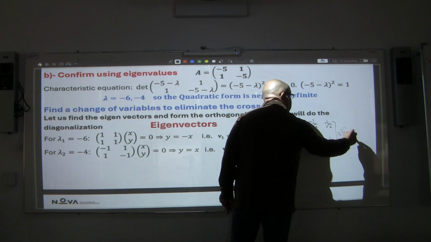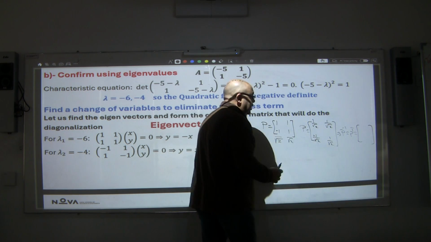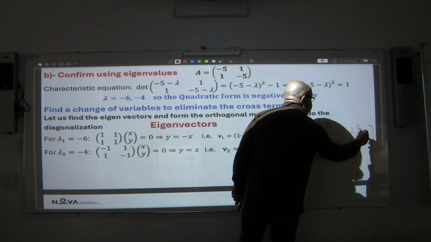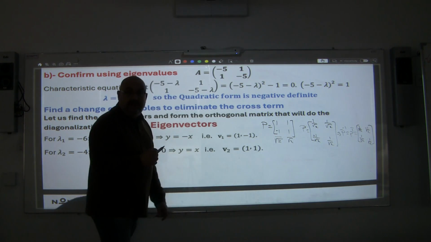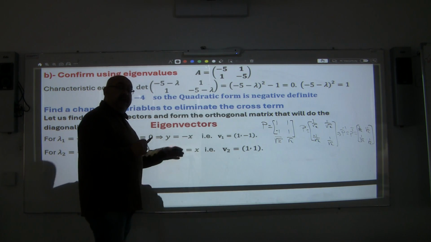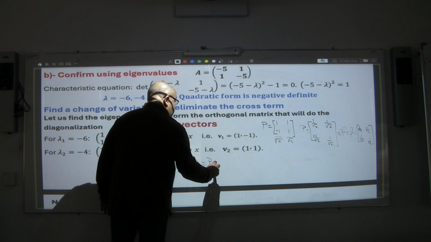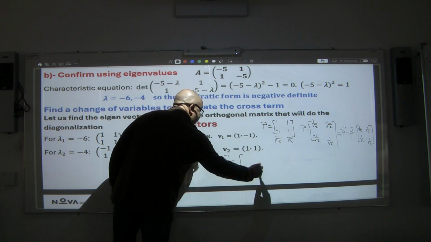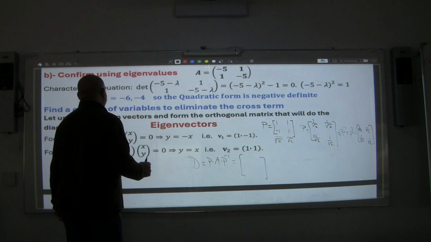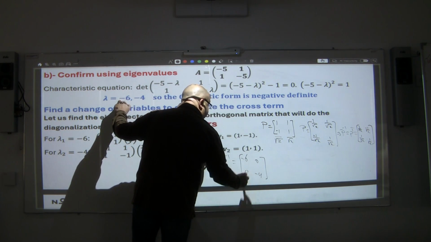So B minus 1 is equal to B transpose, because it's an orthogonal matrix, so it's going to be simply 1 over root 2, -1 over root 2, 1 over root 2, 1 over root 2. Now I have the B matrix. If I want to get the diagonalization, it's very simple. D is going to equal B times the A matrix times B minus 1, and then you will have your matrix diagonalized in this form: -6, -4, and zeros elsewhere.